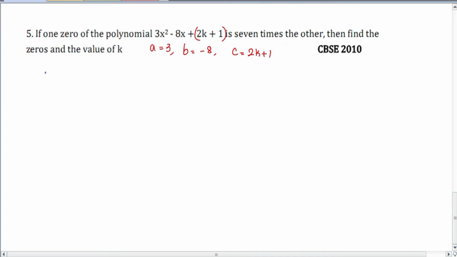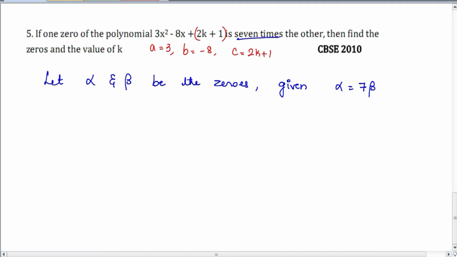so let alpha and beta be the zeros of the polynomial. Given that alpha is equal to 7 times beta or beta equals 7 times alpha, you can write as you like. So one zero is 7 times the other.